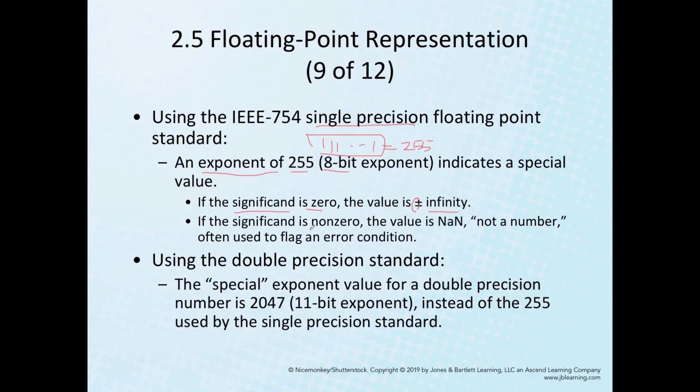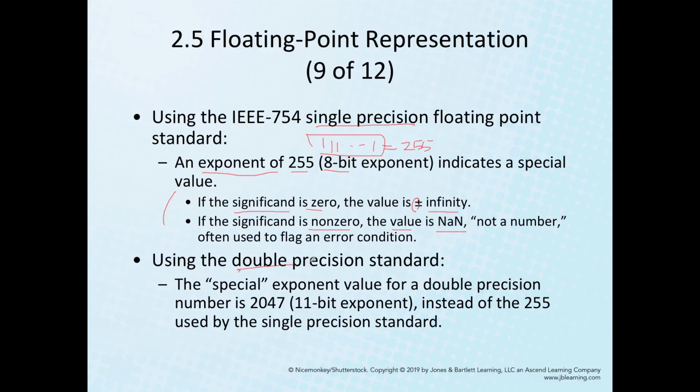But if the significand is not 0, then the value is called a not a number. So if you have some Java experience, depending on the computation result, you may get infinity or not a number. That is stored in IEEE single precision format according to that.